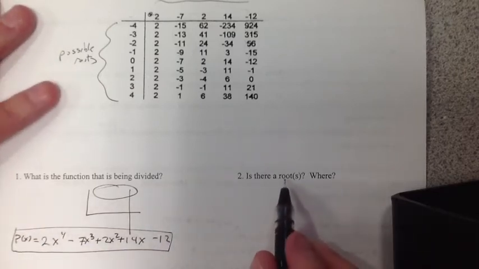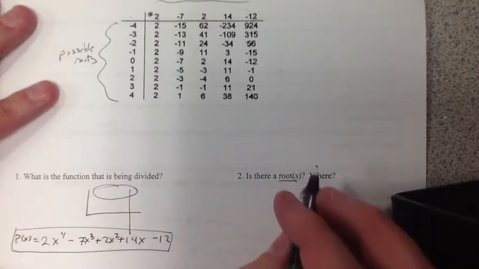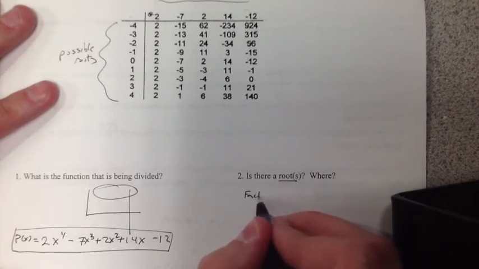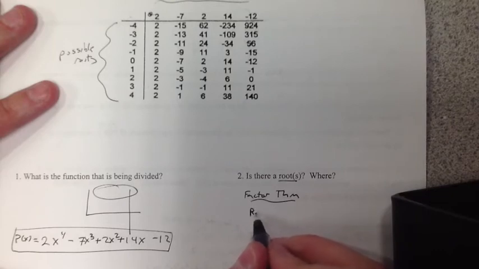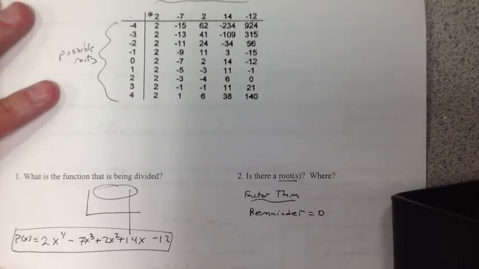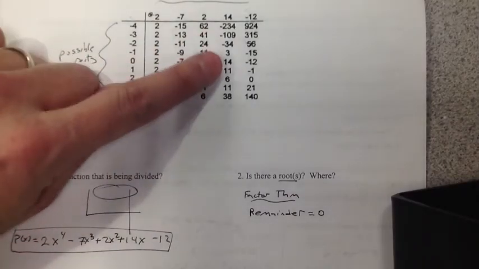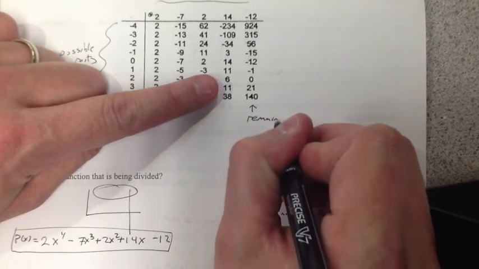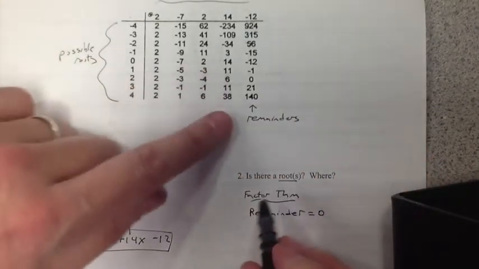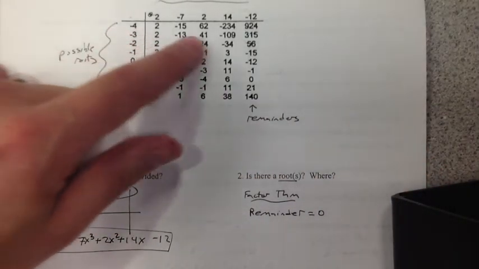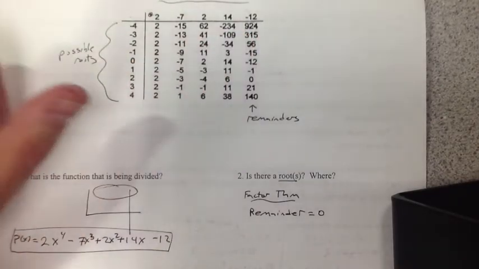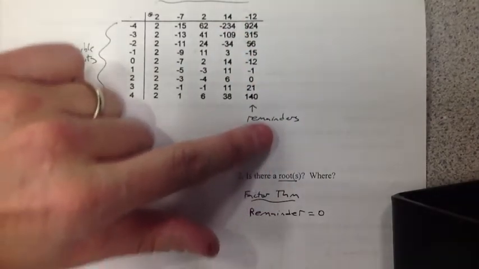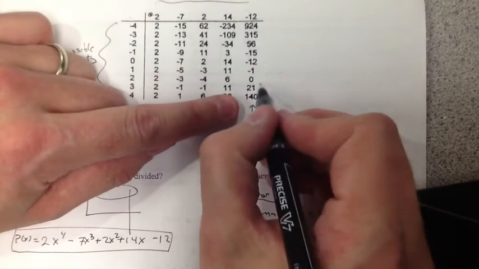Now, the next question is, is there a root? Well, this is our factor theorem from the other day. For the factor theorem, we say that the remainder must equal 0. So where do we get the remainder on our chart? The last column. These are the remainders. What that basically means is if I divided by negative 4, my remainder was 924. So I look, is there anywhere where my remainder is 0?